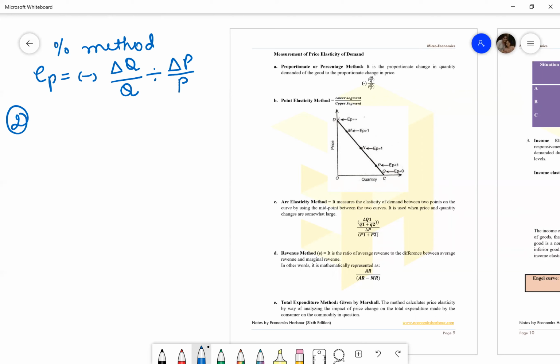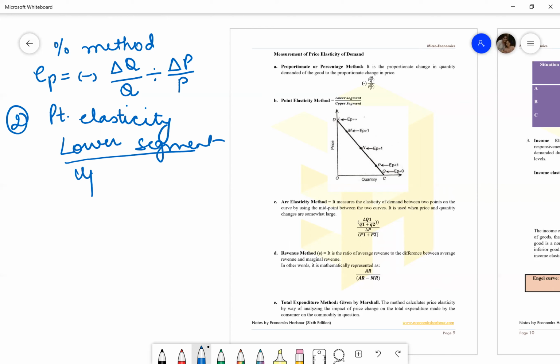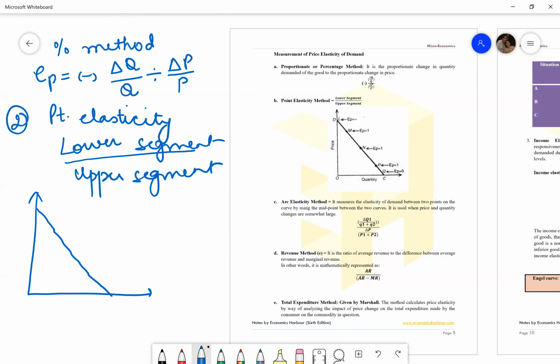The second method is the point elasticity method, right? The point elasticity method is lower segment upon upper segment. So you have a demand curve here, but assume that this is a straight line demand curve. The midpoint will be elasticity of price equal to 1.